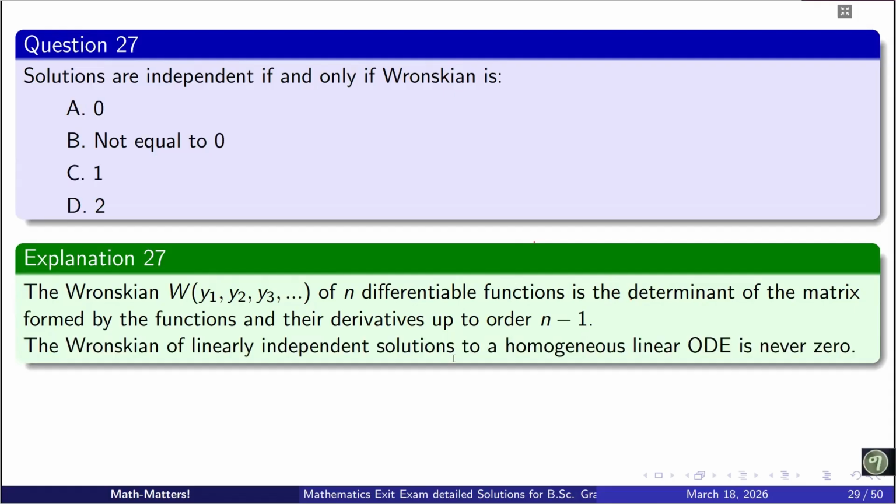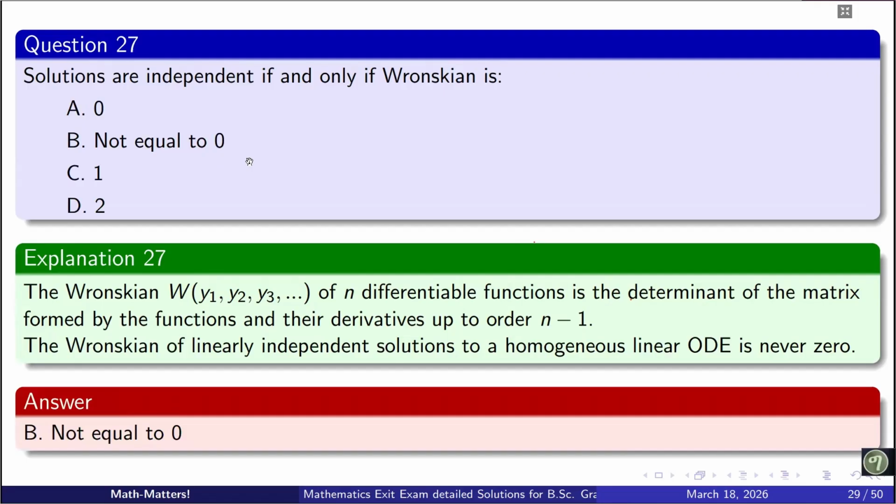Then the Wronskian of linearly independent solutions to a homogeneous linear ordinary differential equation can never be 0, or simply it must be non-zero. Therefore, the alternative which matches this definition is this one, that it must be not equal to 0. So the answer is B.